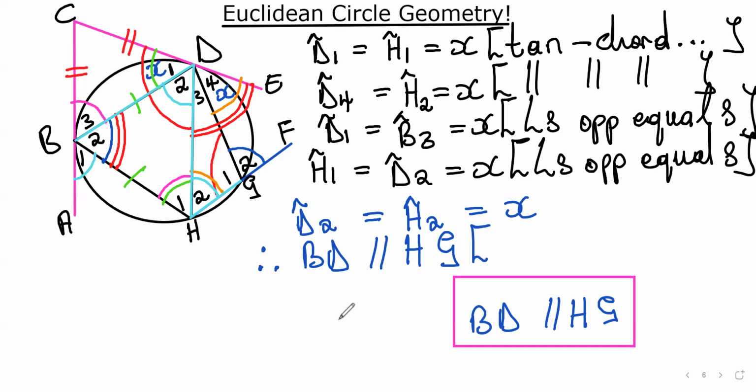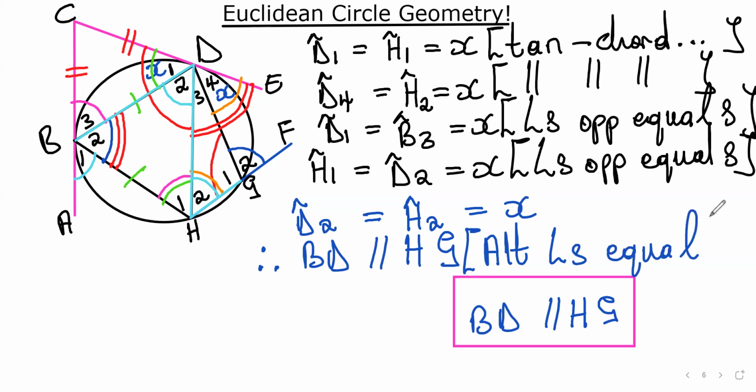You are proving parallel lines here, so you've got to give a reason. Why do you say they are parallel? Well, that's because the alternate angles are equal. So that's the reason why. Yes. Thank you, sir.